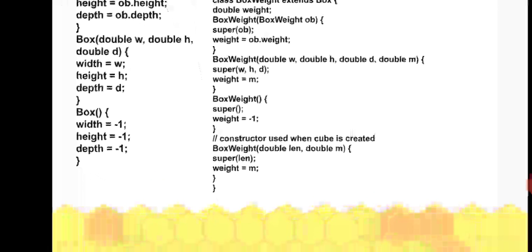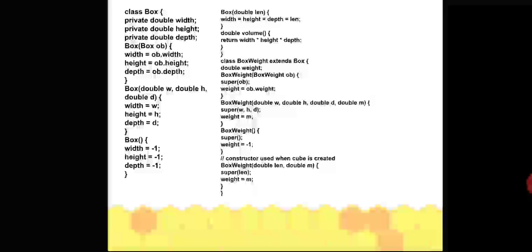Now you have one more constructor which is taking 2 parameters, double len comma double m. Now what you are going to do here, you are using super of len. Which constructor will be called? The last constructor of class Box will be called. Why?